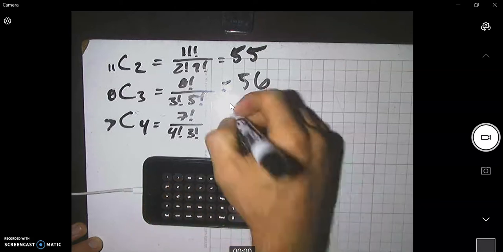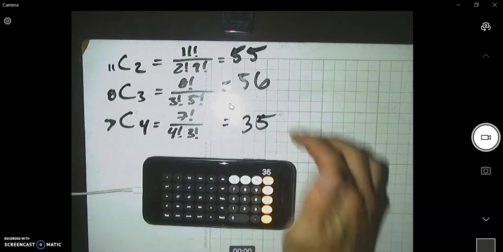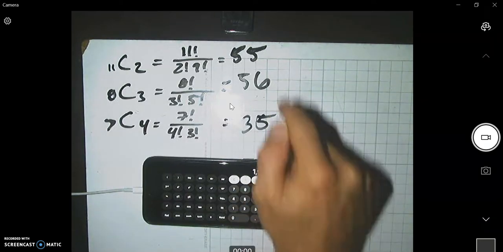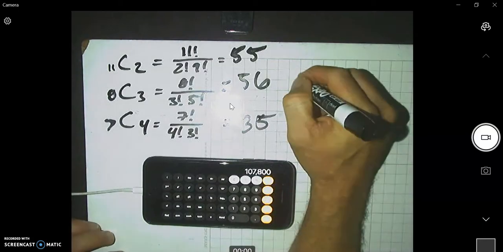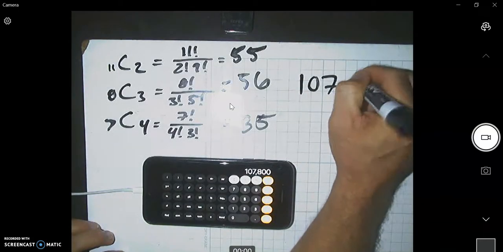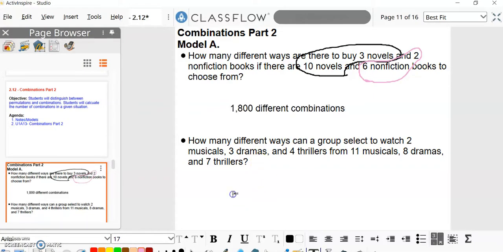Boom, boom. 35. Now we're going to take all these numbers and multiply them against each other. So 35 times 56 times 55 is 107,800. That's a lot of combinations, huh?